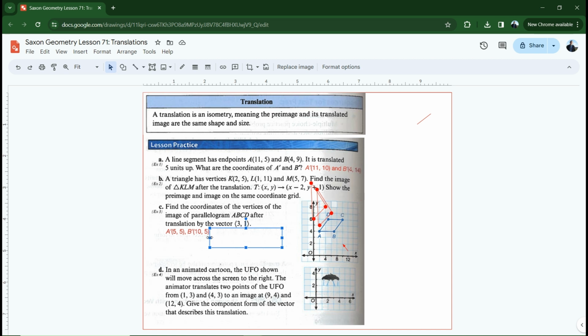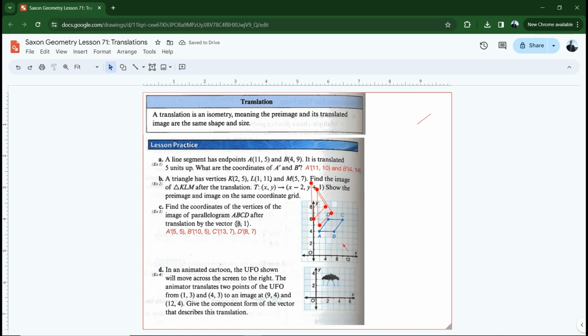It's going to slide to the right by 3. So it's going to be 13. And then it's going to slide up 1 to 7. And then lastly, D. D is at (5, 6). It's going to slide over to 8 and then up to 7. And that is how you do this.